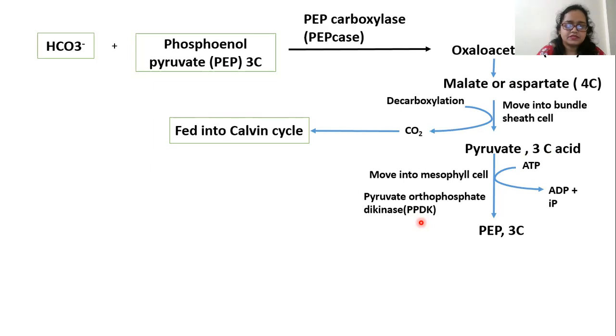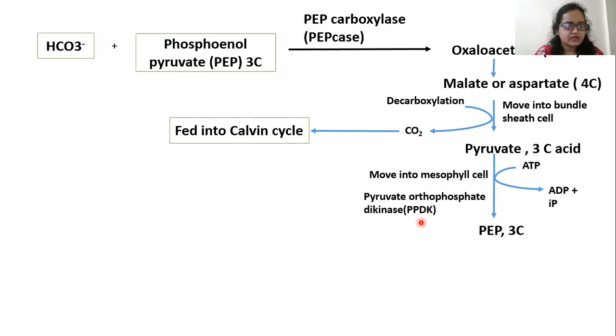So as we have seen in C4 plants, leaf anatomy itself is very beneficial for those plants to carry out the photosynthesis process even at a very low concentration of carbon dioxide.